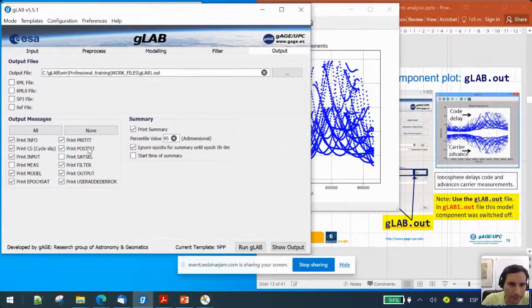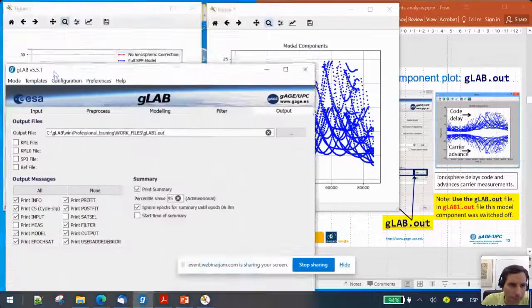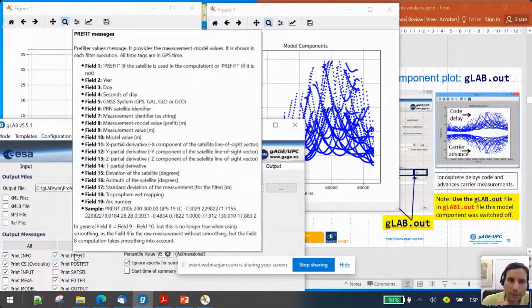If I select a smaller message, let me try to see. Yeah, with the prefit message that is shorter, it fits my screen. Here you can see the content of this particular message, and we have rows and we have columns.